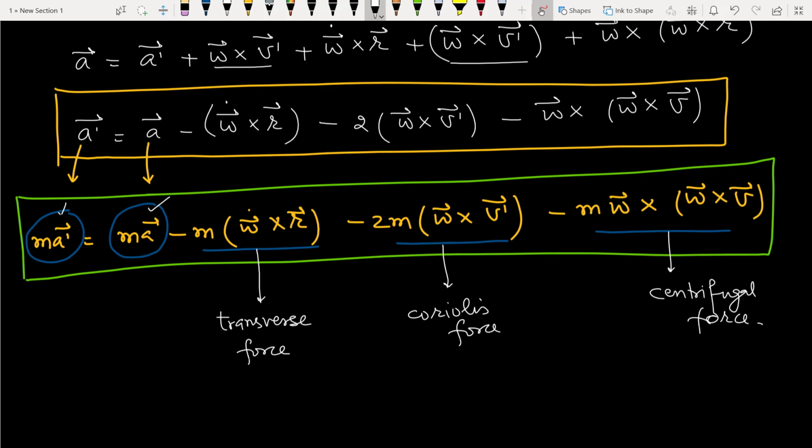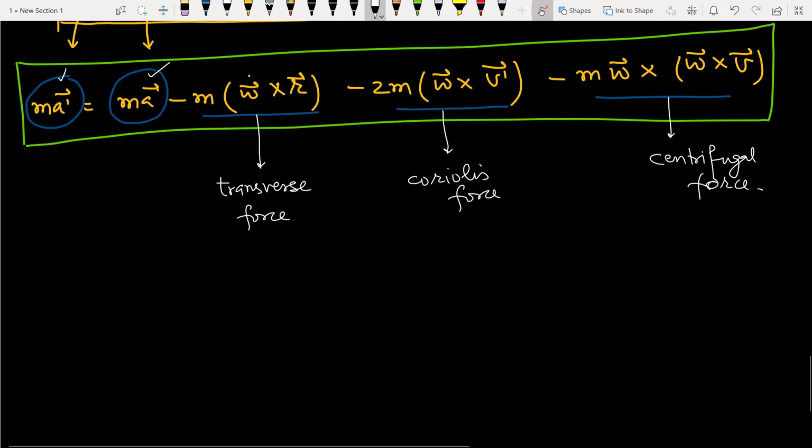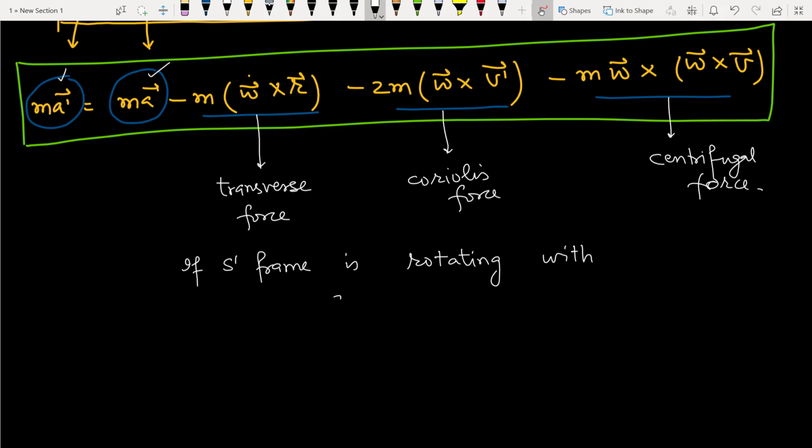So we can simplify this equation a little by having an assumption that if S dash frame is rotating with constant angular velocity, then omega dot will be 0.